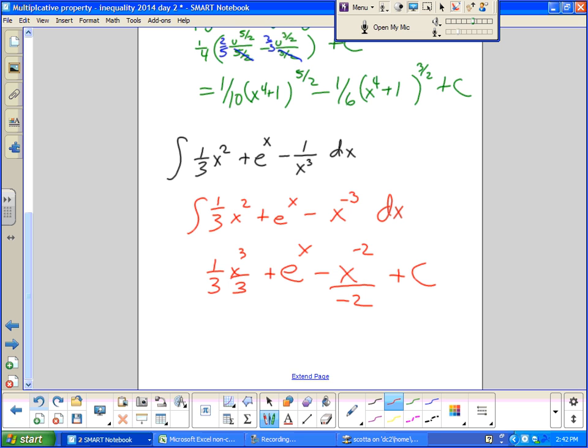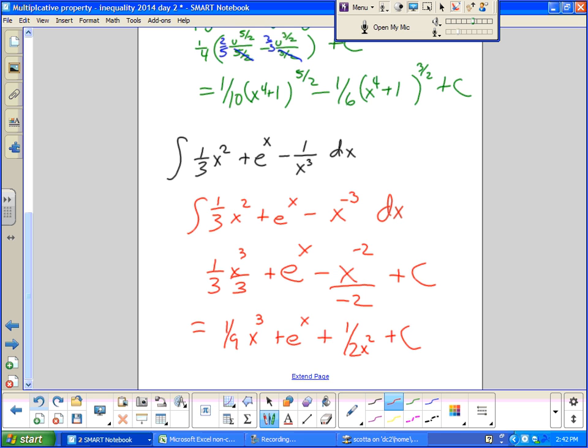We definitely have some simplifying to do here. So I would expect 1/9 x cubed plus e to the x plus 1 over 2x squared plus c. Because I would move x to the -2 back and negatives cancel. And that is the integration of this indefinite integral.